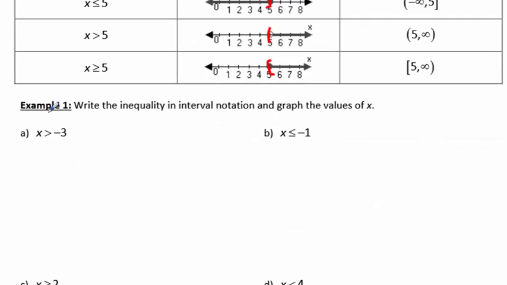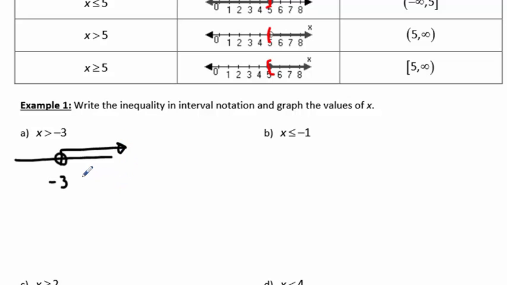In example 1, we want to write the inequality in interval notation and graph the values. I usually do my graphs first, and my graphs just need to have the number that we are looking at. For x greater than -3, graph where -3 is. If it's x's values that are greater than -3, we're going to be heading towards the right, not actually including that value, so have an open circle, and we'll be heading off towards the right.